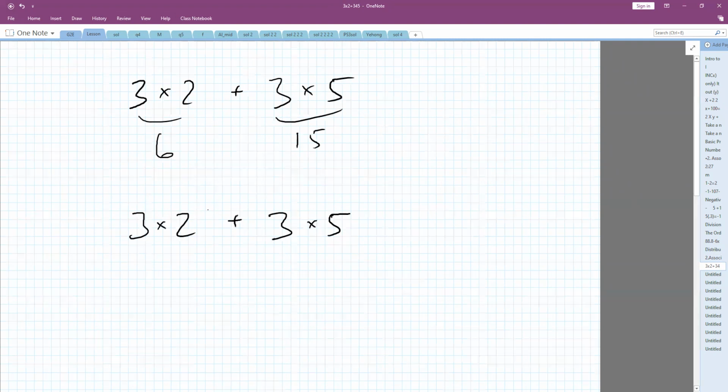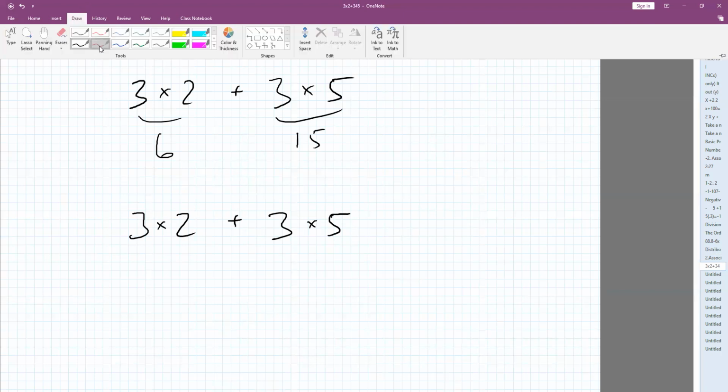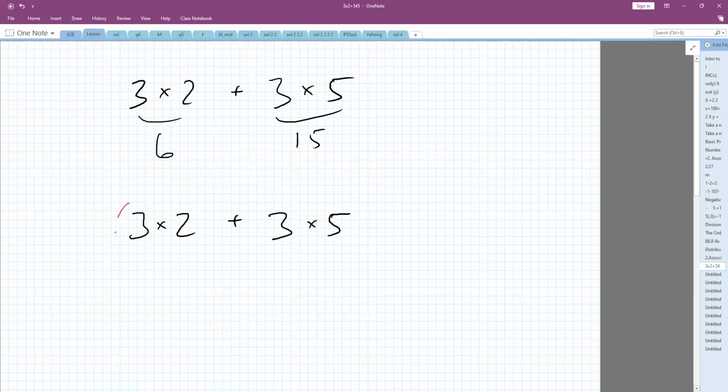So in this case, look at this. You can picture that we have the one that you just did before. Basically you did 3 times 2 and then 3 times 5, and then you add them. Now, in this bracket, look, you have the same number actually.